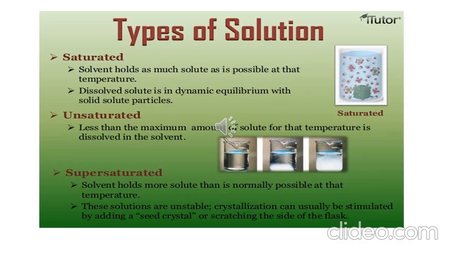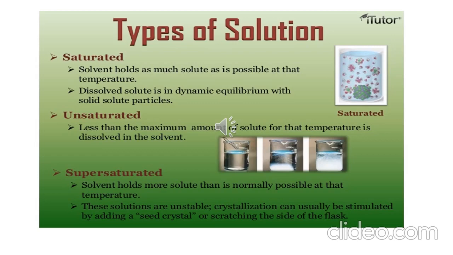There are three types of solutions basing on the amount of solute that is dissolved in a particular amount of the solvent. The types are saturated solution, unsaturated solution, supersaturated solution. If the dissolved solute is exactly equal to the solubility, then it is called saturated solution.